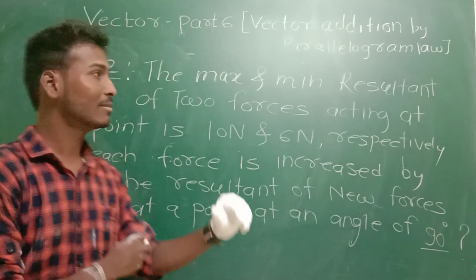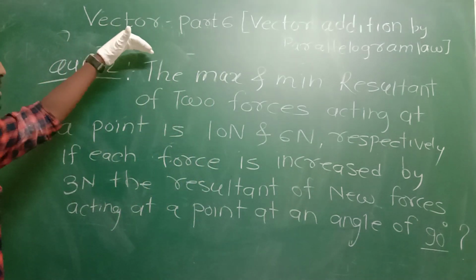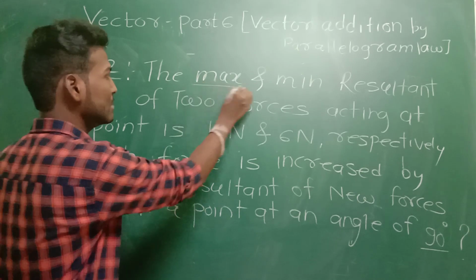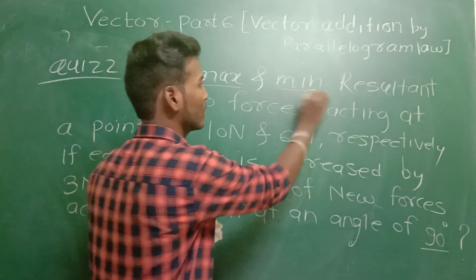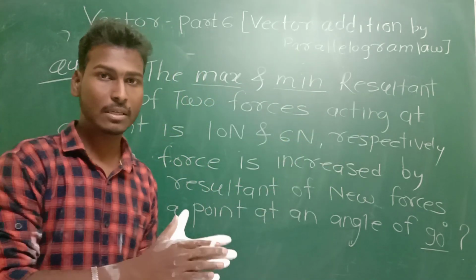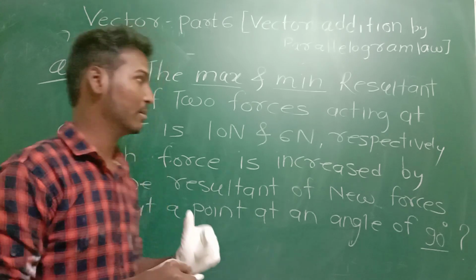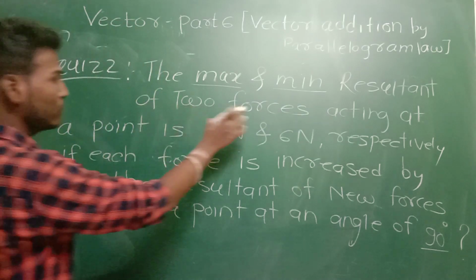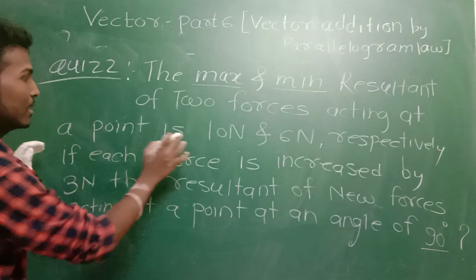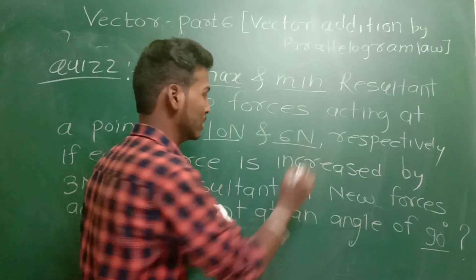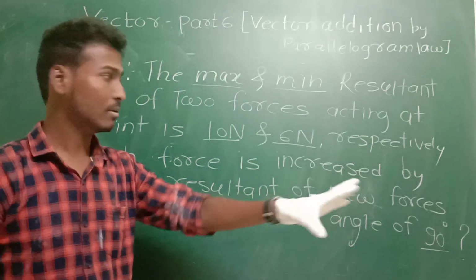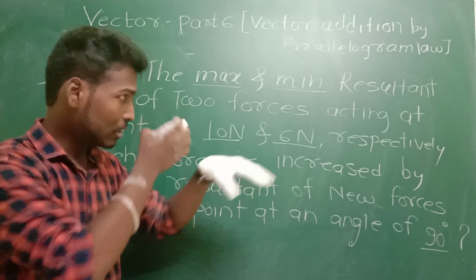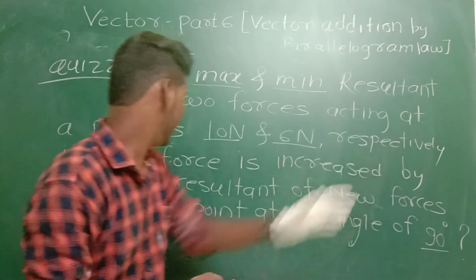Now the quiz question is on maximum and minimum resultant. You know the maximum resultant and minimum resultant concept. Of two forces acting at a point, the maximum resultant is 10 Newton and the minimum resultant is 6 Newton respectively.